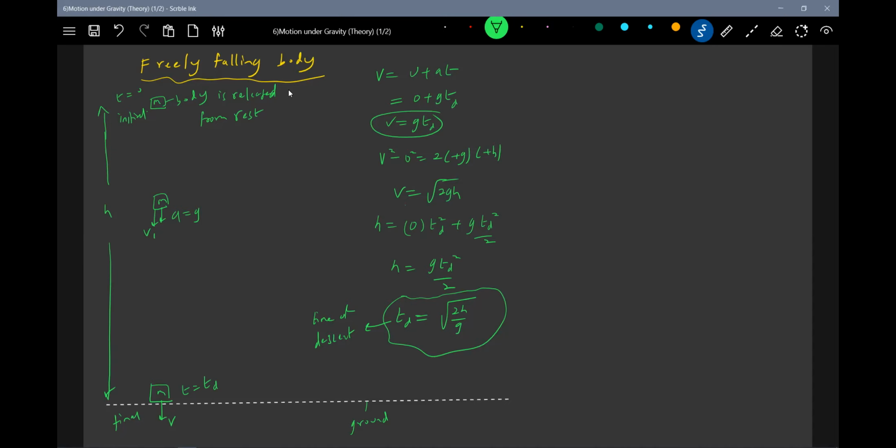Now what is the type of motion it will describe? We know the value of a equals g equals how much? It is 10 meters per second squared. So let's analyze how that motion occurs here. This will be very fundamental.